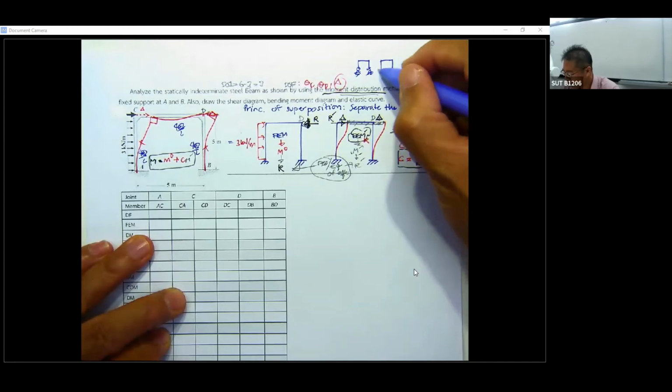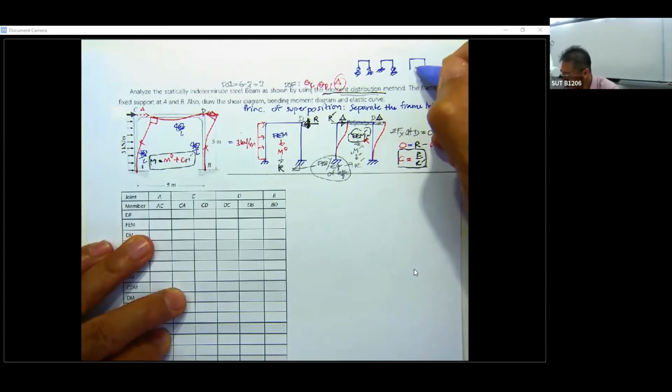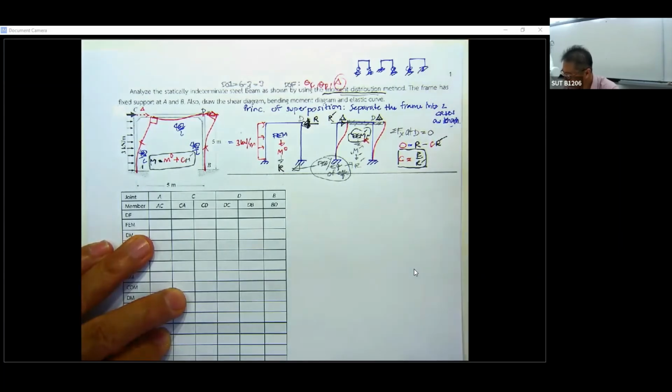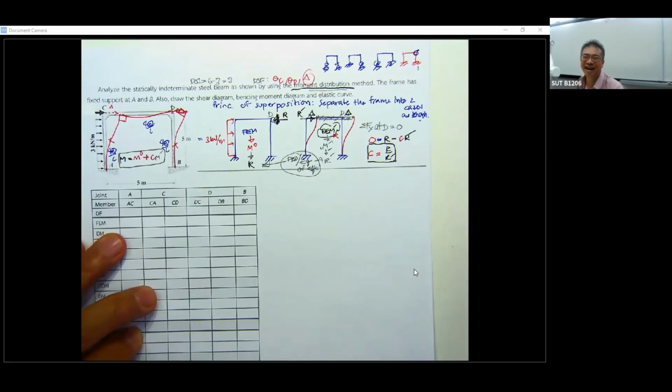Think about it. Change this one to fixed, pin, or more. If you have time, change this fixed one to the one that has the hinge here. You're going to have another thing, with the hinge here.